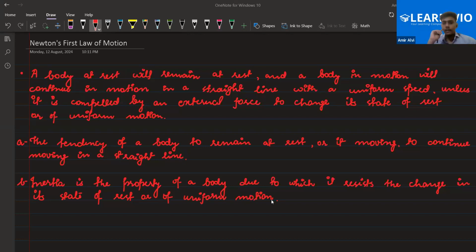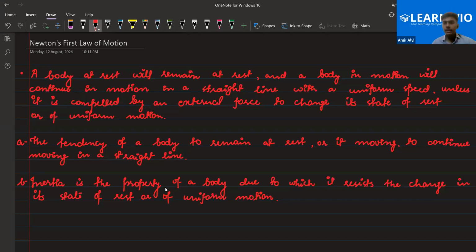The next thing is that inertia is associated with mass. The heavier the body is, the more inertia it has. Suppose there is a car and a truck.